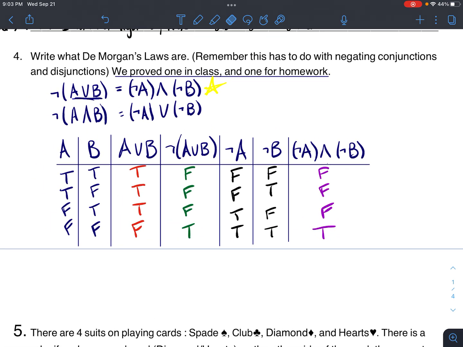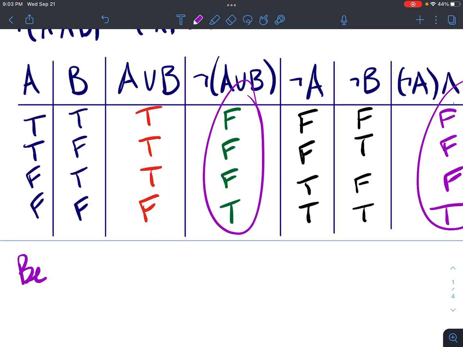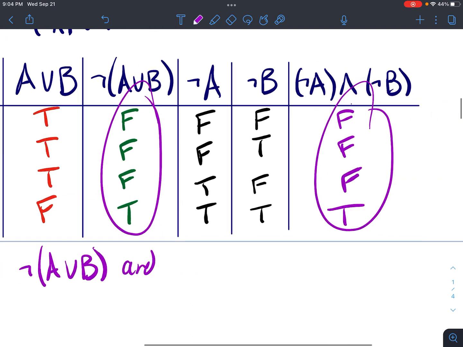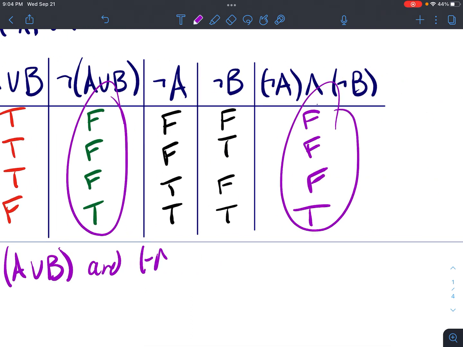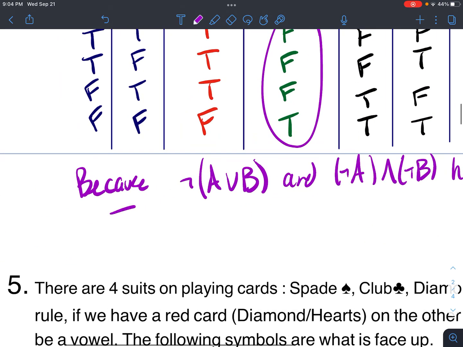So now what we have to do is wrap this up. We look at what we're trying to prove up here and we look at our truth tables and they're the same. So we could say because not (A or B) and not A and not B have the same truth value, TV.